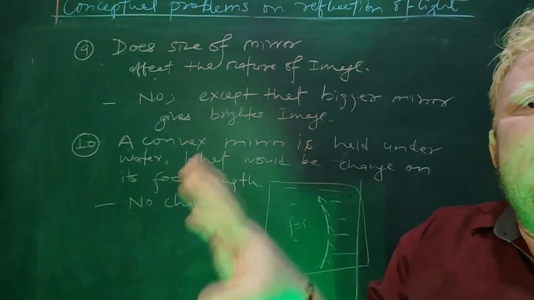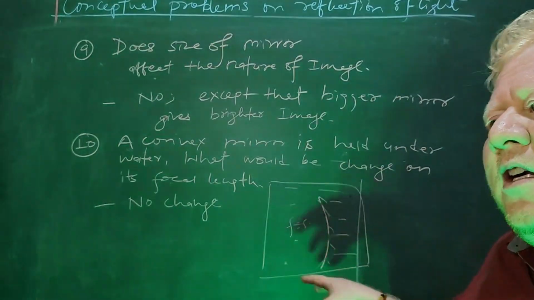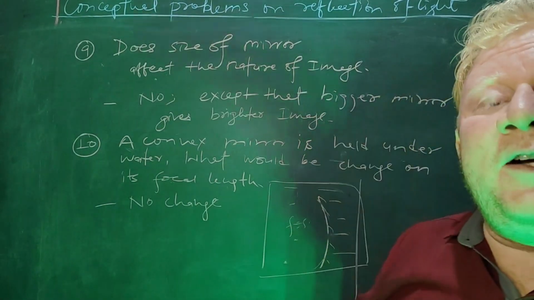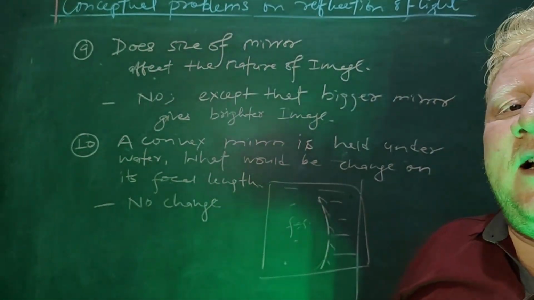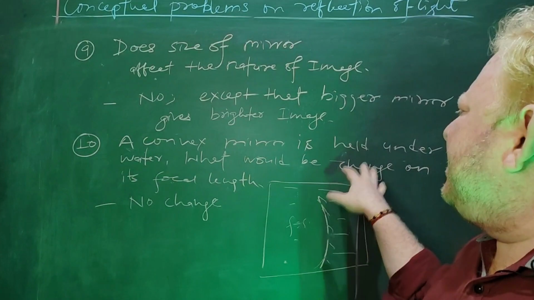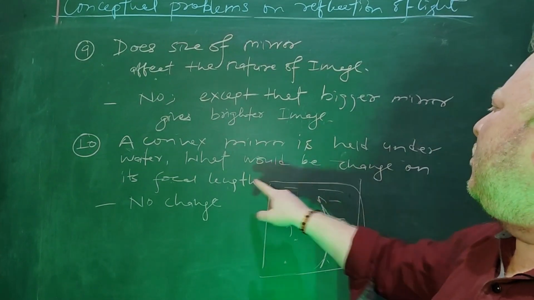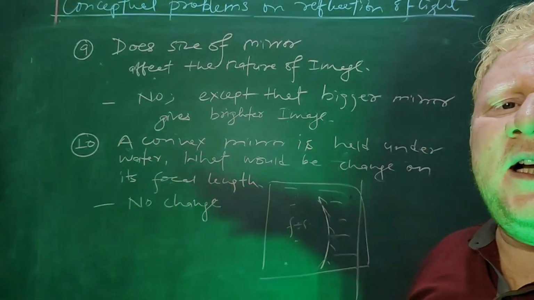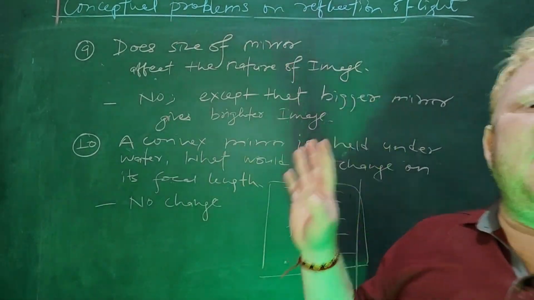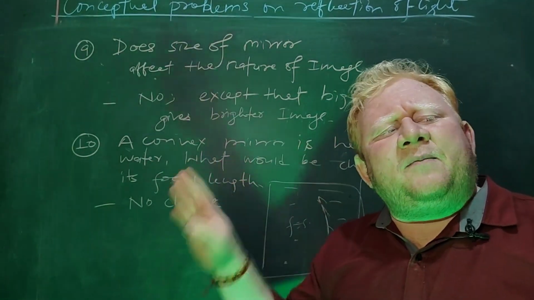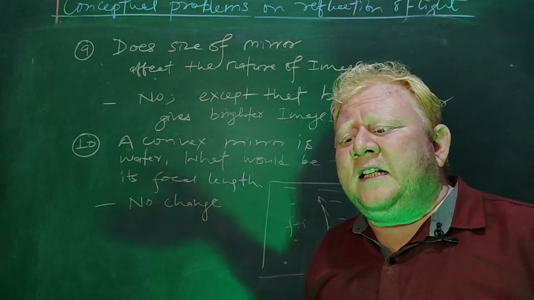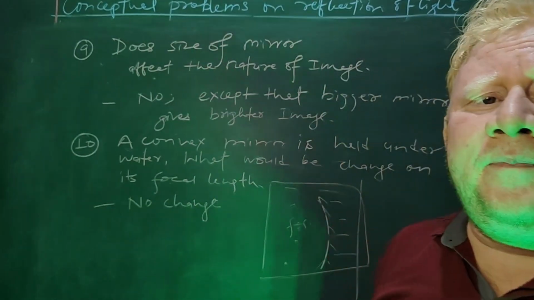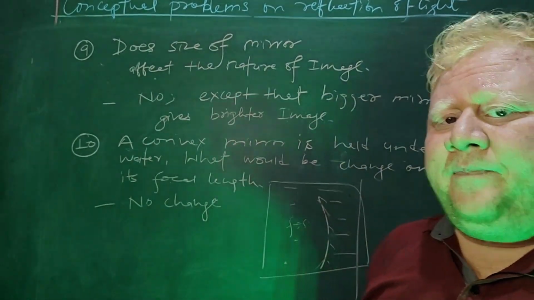R is independent of the external medium, then focal length will also be independent of the external medium, right? So if a mirror is placed in water, what would be the change in focal length? No change. Whether the mirror is placed in water or air, focal length depends upon radius of curvature, and radius of curvature is independent of the medium, right? That's all.